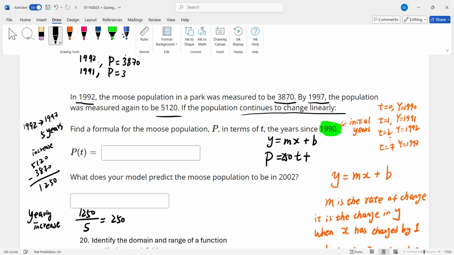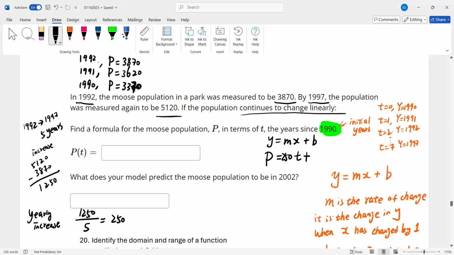The year before that should have 250 less, so 3,870 minus 250 is 3,620. And for 1990, we should have another 250 less, so 3,620 minus 250 is 3,370.